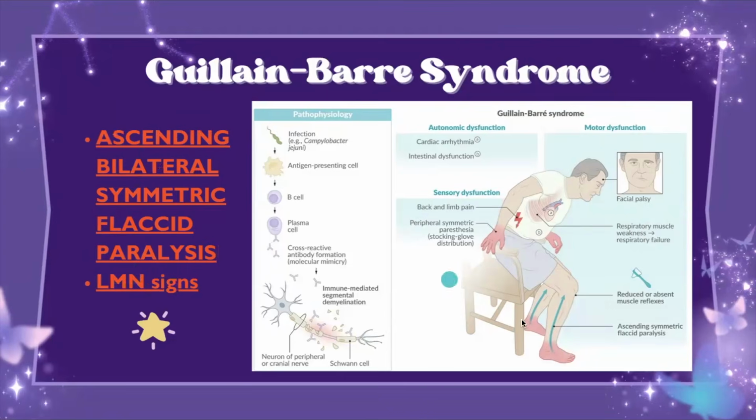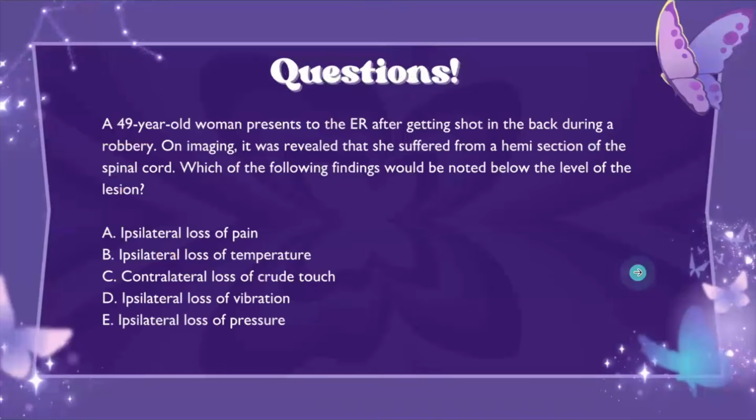Basically, the presentation would show you that the lower limbs were paralyzed first, and then this paralysis would ascend and start getting to the upper limbs. And this is how you would know that this is the syndrome they're talking about. Eventually, the paralysis would reach the respiratory muscles, causing death due to respiratory failure.